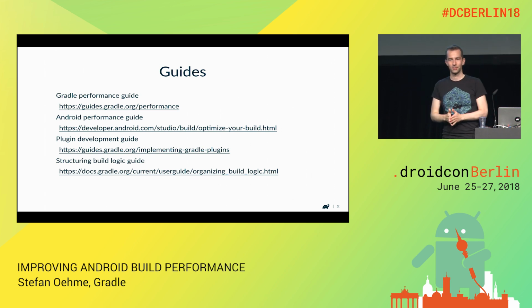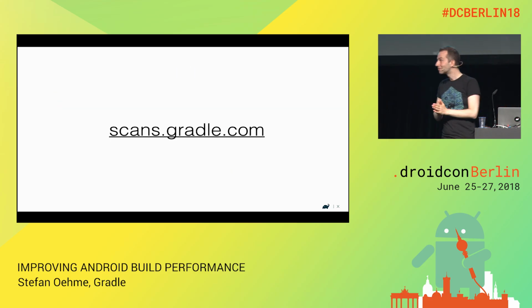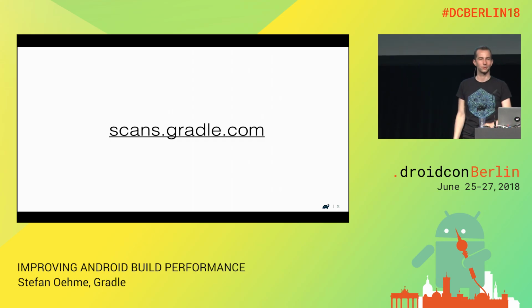If you have Gradle plugins, Gradle tasks written of your own, then you might want to look at that, because it also explains performance-relevant features. And the structuring build logic guide, which helps you get away from that monolithic 1,000-line build script towards a more structured build. And if you take one picture today, if you take home one link, that's scans.gradle.com.